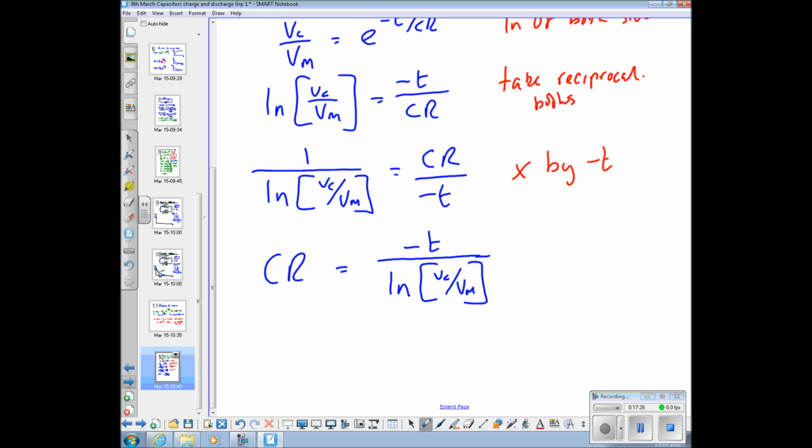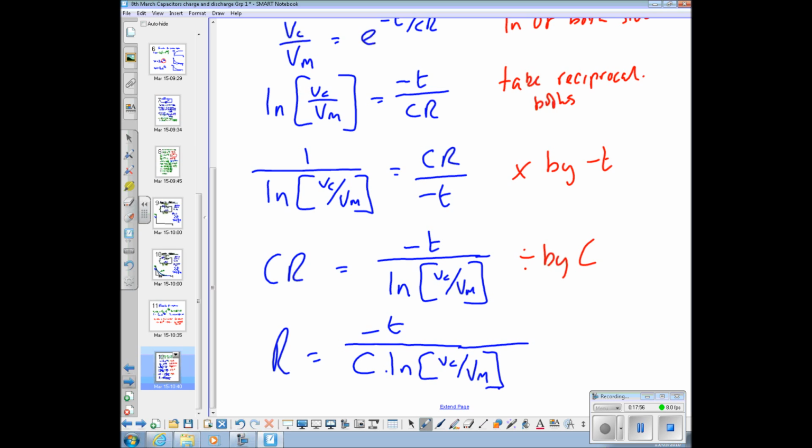And the last thing to do, divide by C. So we end up with R is equal to minus t over C ln little vc over Vm. Formula.